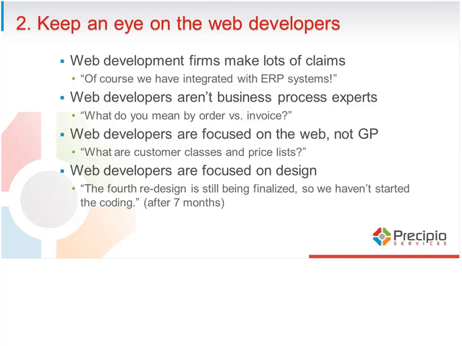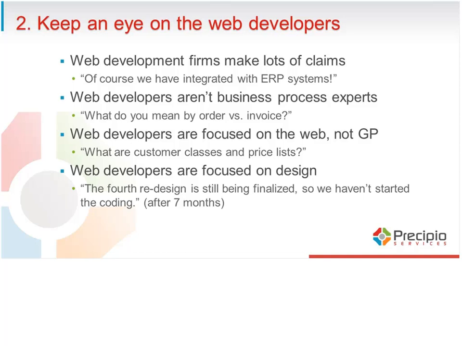One of the most common things that I hear that concerns me is when a web development firm, most likely the sales team, when they're presenting their sales pitch to you, often say that they have integrated with other ERP systems. Yes, we've integrated with SAP or Sage or MAS or whatever the product is, and they'll reassure you that they can integrate with Dynamics GP.